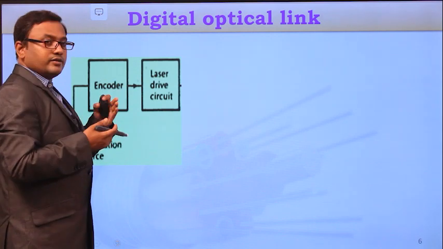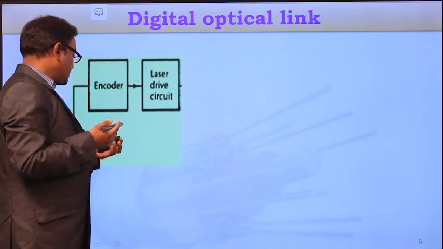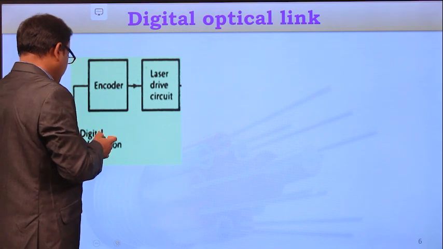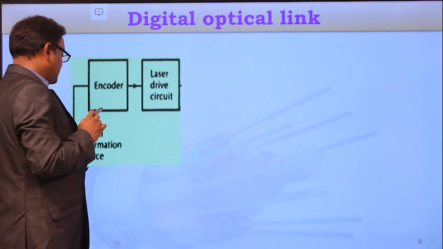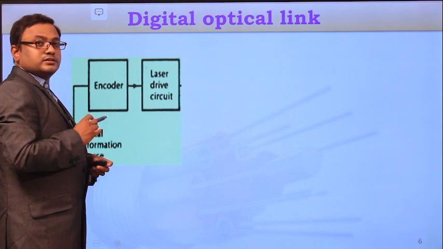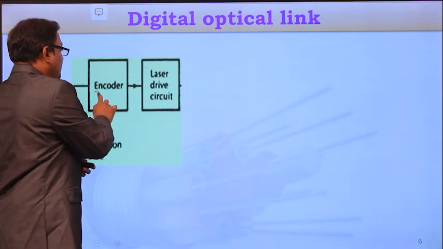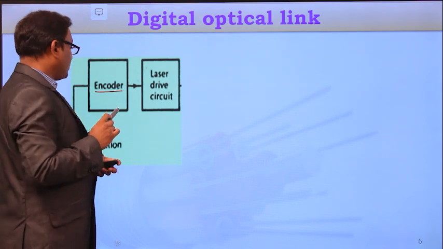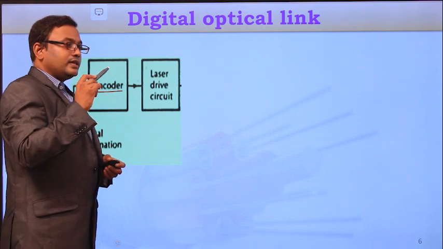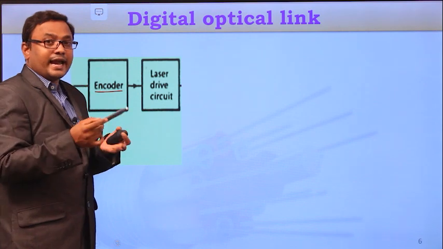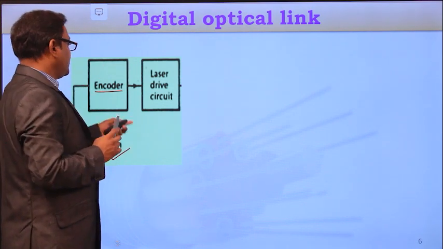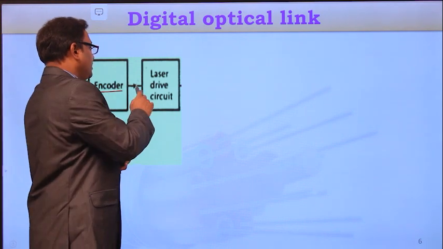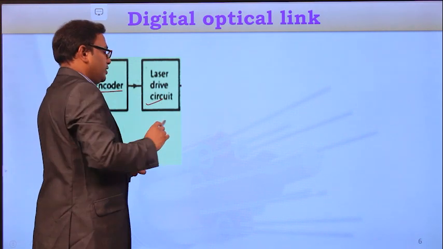Here we already assumed the physical information is converted into a digital electrical signal, and this digital information signal will be given to the encoder. In the encoder section, additional redundant bits will be added to protect our actual information, and this encoded information will be given to the drive circuit.